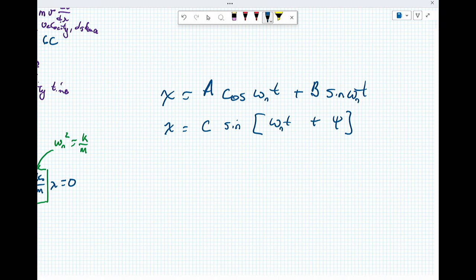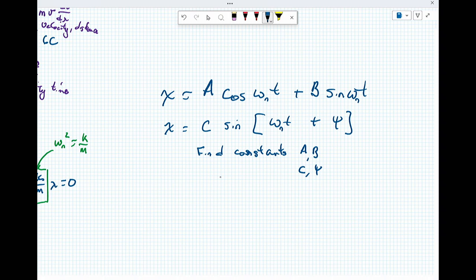And all I need to do in order to solve for these problems at this point is to write out what the solution to the problem is, based on finding A, B, or C and psi.